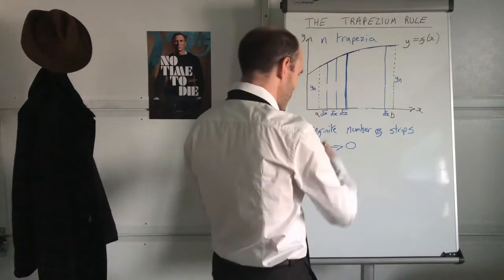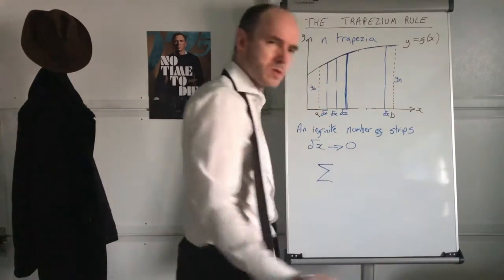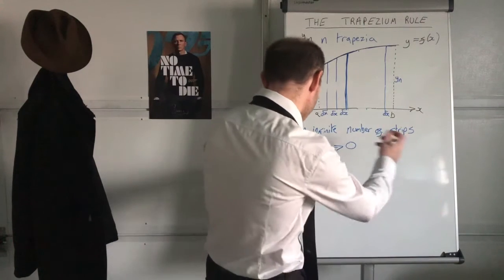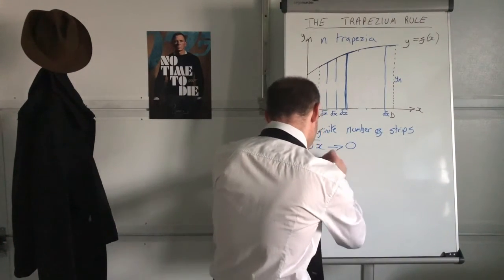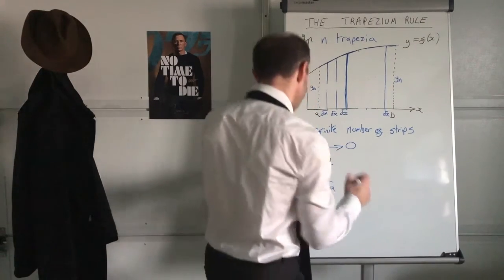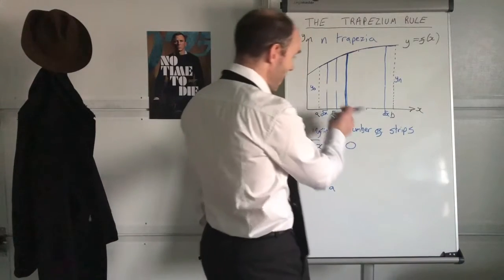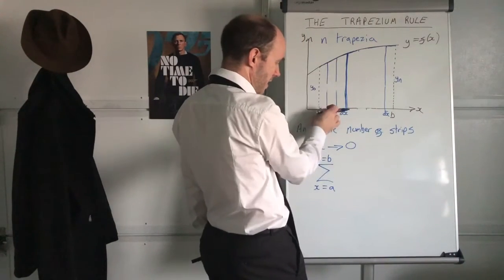But we've got an infinite summation here, haven't we? I'm going to write that using sigma, between x equals a and x equals b. Effectively, what we're doing is multiplying all of the heights by the thickness.